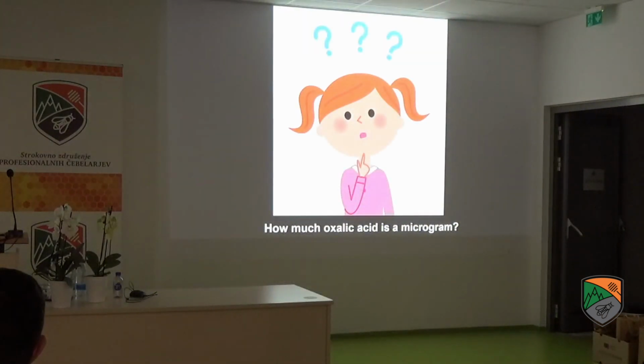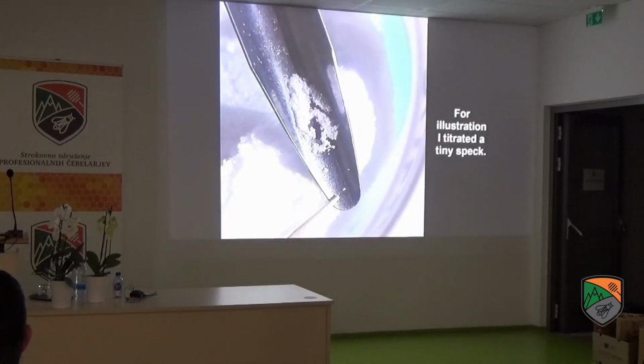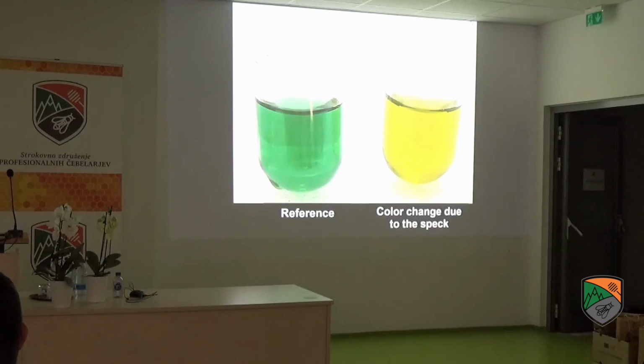Firstly, you might want to visualize how much a microgram of oxalic acid is. So I scooped up a little bit of oxalic acid in a scoop, and I tried to get the smallest particle I could separate out. This is the end of a chopstick right here, and I dropped it into water, and pretty good color change from that little tiny drop.